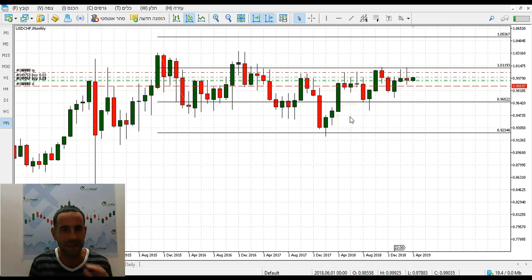What I find very interesting here is that price came from the very edge of the lower section, the very bottom support. That's where it was last time, back at December 2017, believe it or not. That's how old that trading range is.